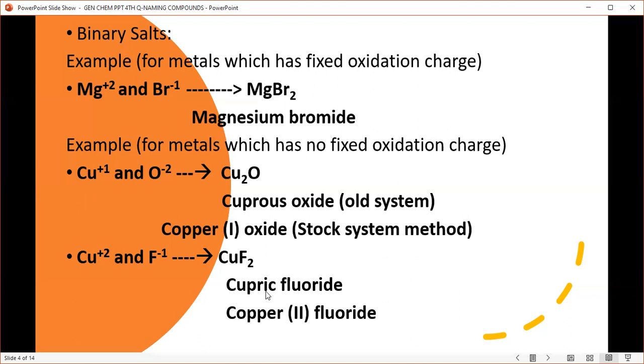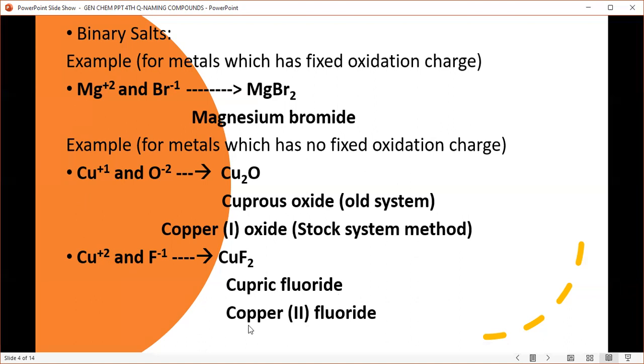So that's going to be making use of IC. So that is cupric, and then of course the stem of the second element, that is fluor, and we have the suffix IDE, so that is cupric fluoride.